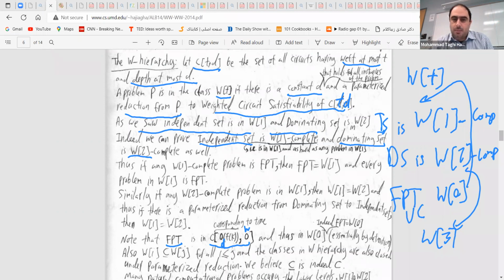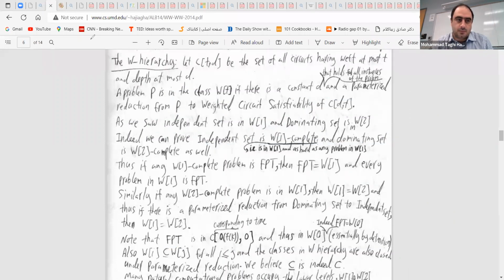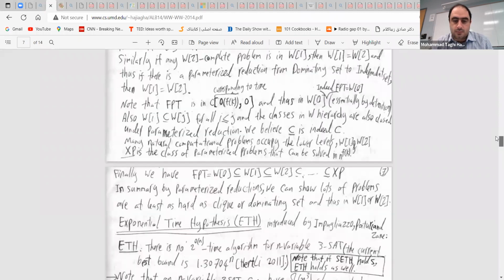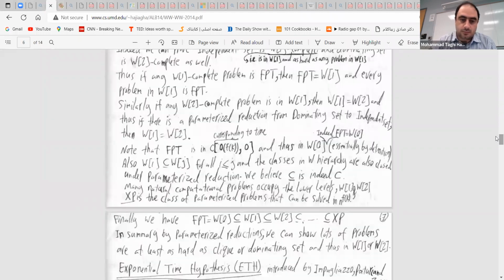So what do we know about these Wt classes? One thing we know is that Wi is a subset of Wj for i less than or equal to j.